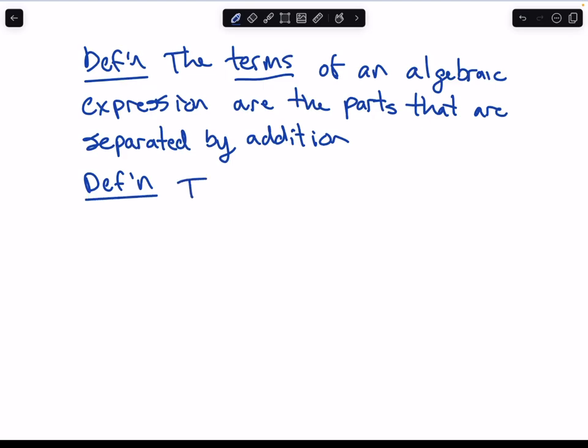The numerical part of the term is called the coefficient.